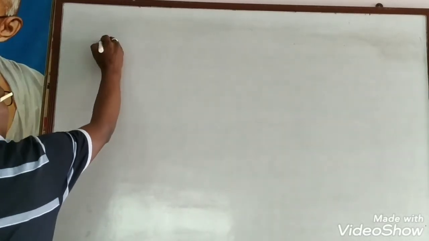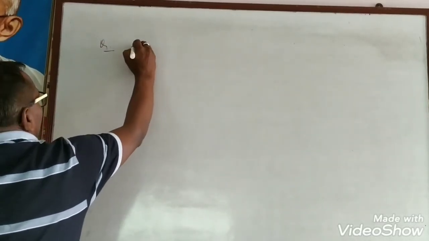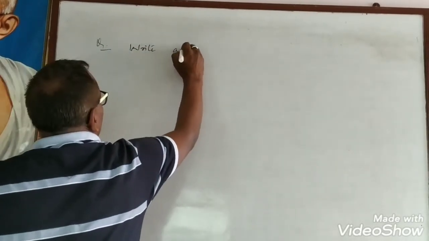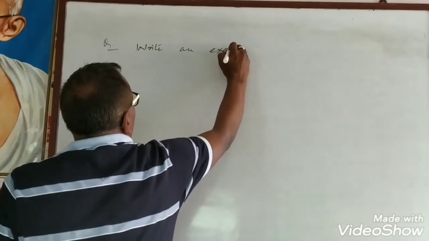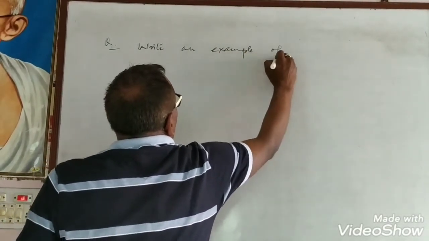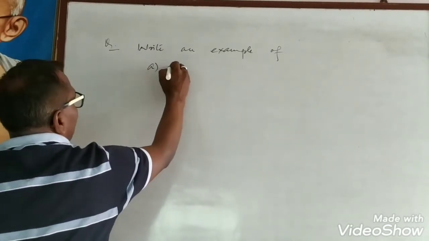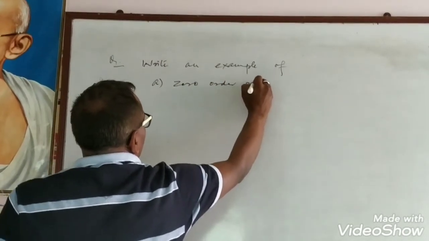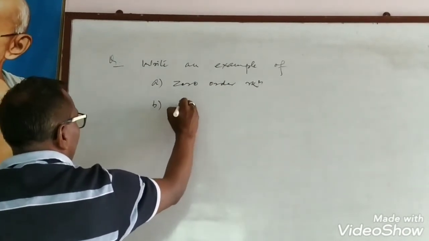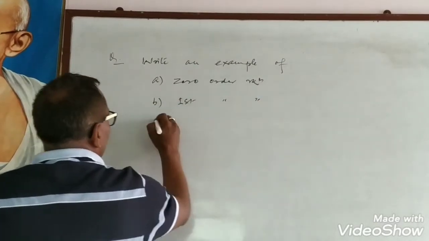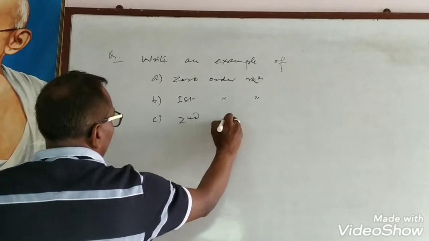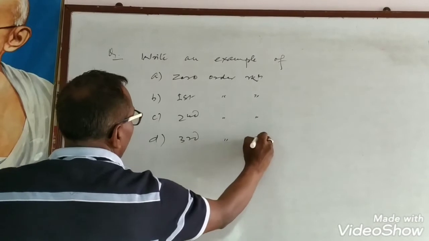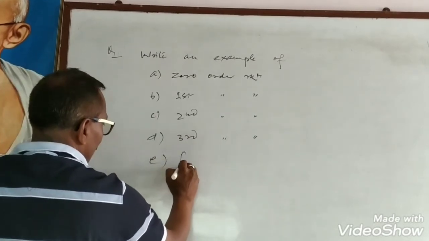The common question is: write an example of A, zero order reaction; B, first order reaction; C, second order reaction; D, third order reaction; E, fractional order reaction.